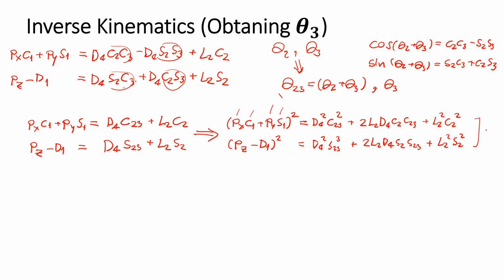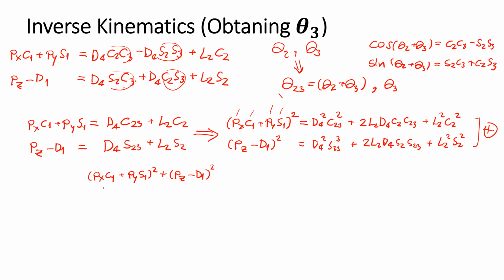Try to combine these two equations. On the left-hand side, we have Px C1 plus Py S1 squared, and we have Pz minus D1 squared.